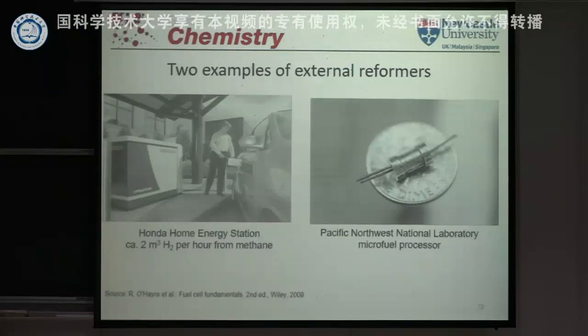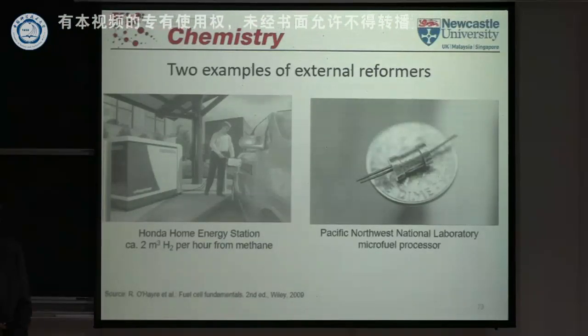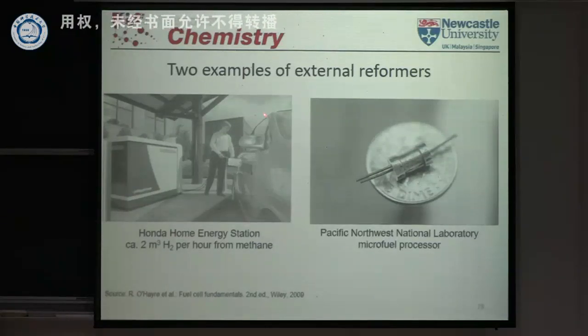And again, there are two systems. You see here a possibility shown from Honda, where they have suggested that you use a home station based on natural gas. Natural gas consists mostly of methane, and then you have a reformer system here where you're able to produce hydrogen, and then you can feed the hydrogen directly into your hydrogen fuel cell car and power the car, and then go off and go to work or wherever else you want to go.